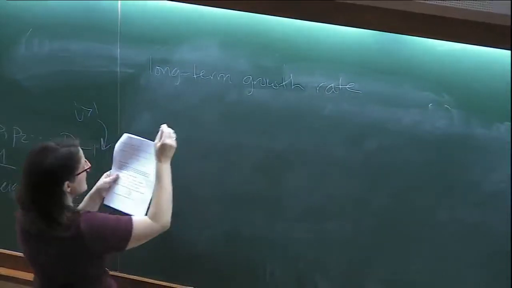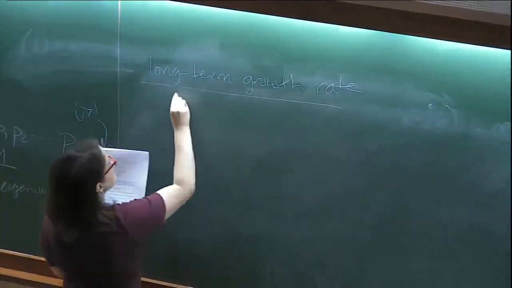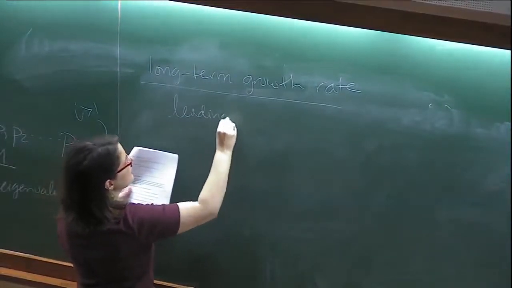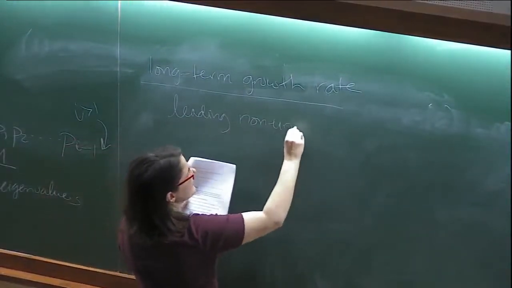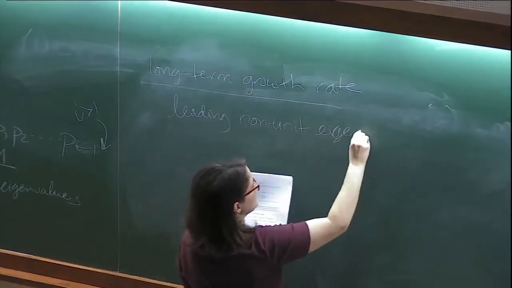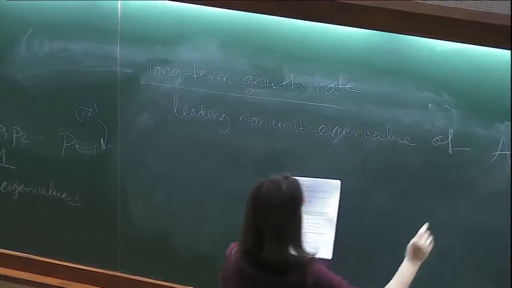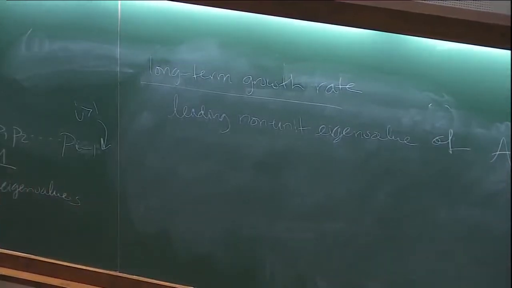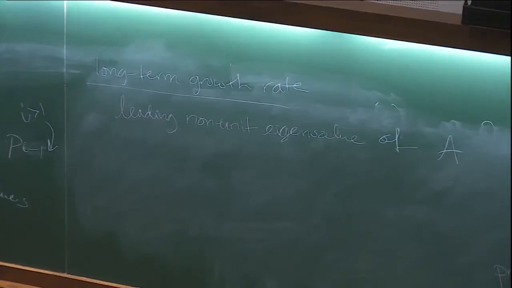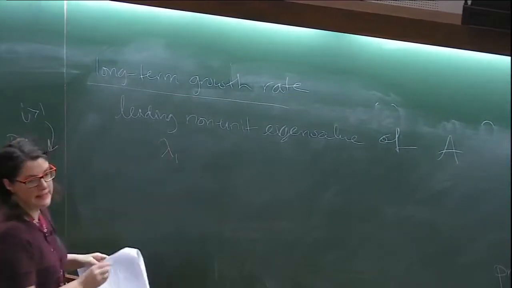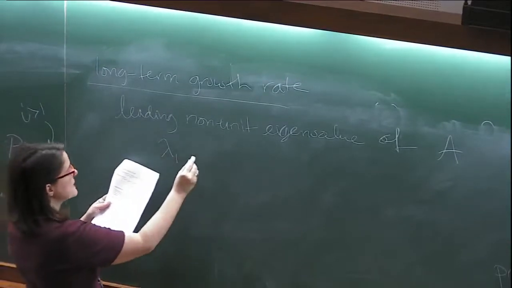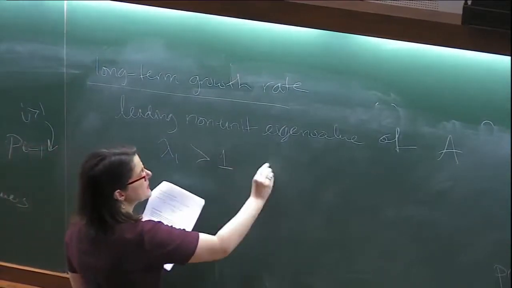It's given by the leading eigenvalue, the leading non-unit eigenvalue for A. And much like our definition of fitness before, the leading non-unit eigenvalue tells us if the population increases or decreases. So we'll call it lambda 1 for the leading eigenvalue. If it's greater than 1, the population is going to increase.